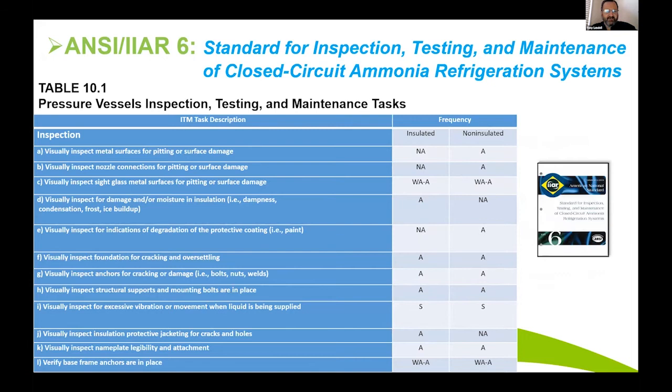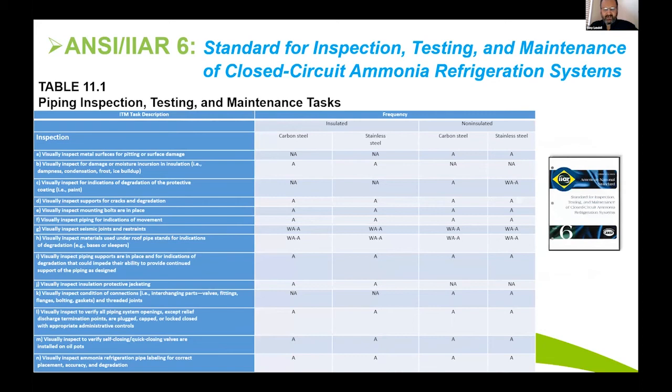You'll see inspections A through L, I think, shown on the side, and then the frequencies, whether the pressure vessel is insulated or non-insulated, on the right. Here's another example, piping. It shows some inspection items on the right side, and also the frequencies for insulated or non-insulated, whether it's carbon steel or stainless steel, down the right side.